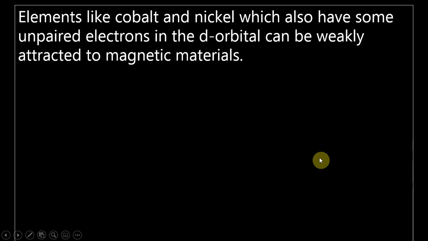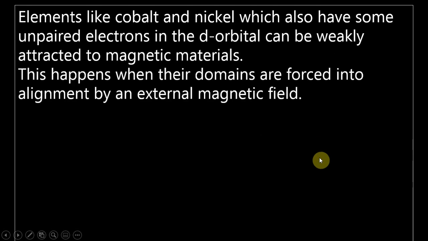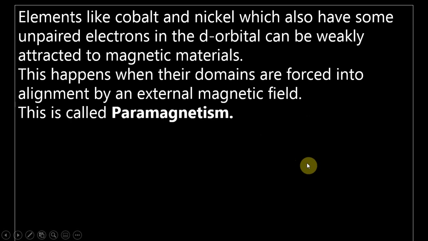Elements like cobalt and nickel also have some unpaired electrons in that d orbital, but because they don't have as many, their magnetic fields are much weaker, and so their domains are forced to align only by an external magnetic field, and this is what we call paramagnetism.